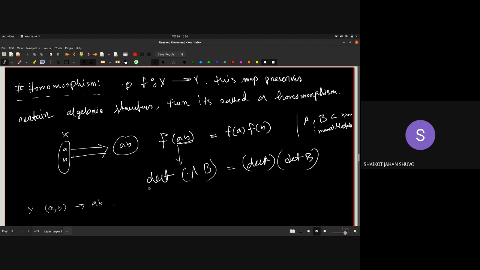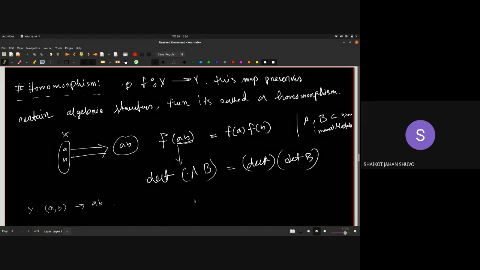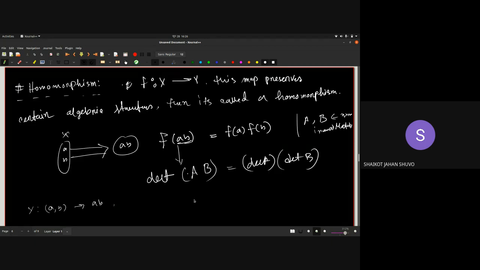Then if you want to define some product that is similar to x, by similar I mean the same, then on your set y you have elements like this, f of a and f of b. Then how should you write it? f of a times f of b, right?